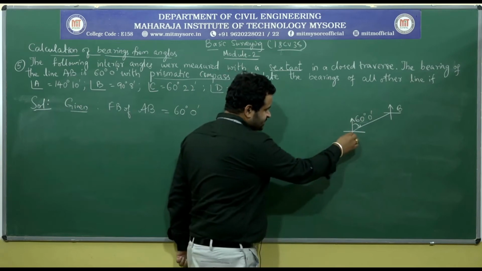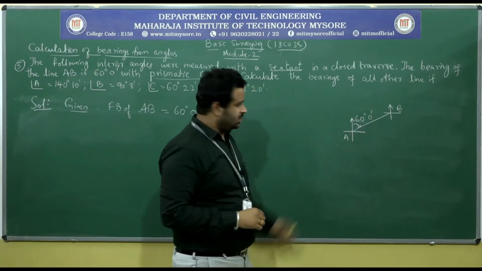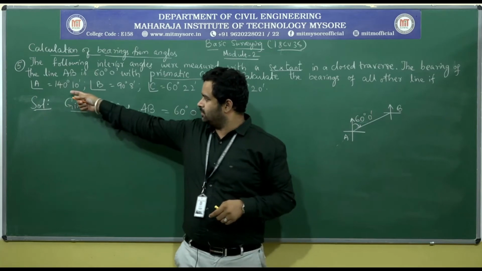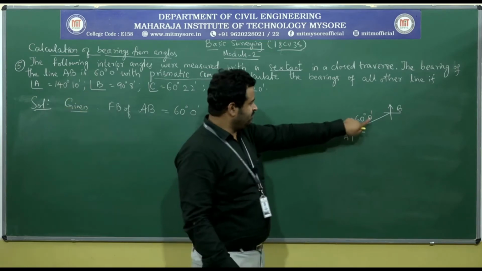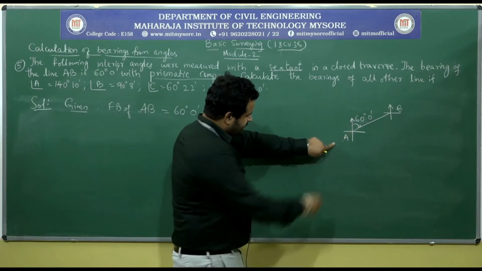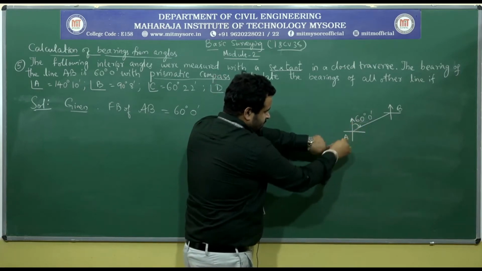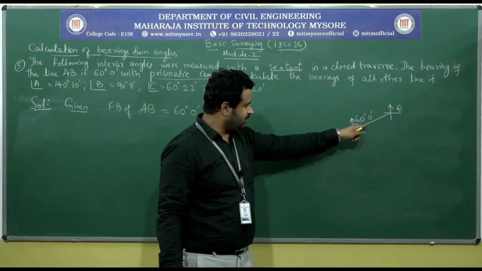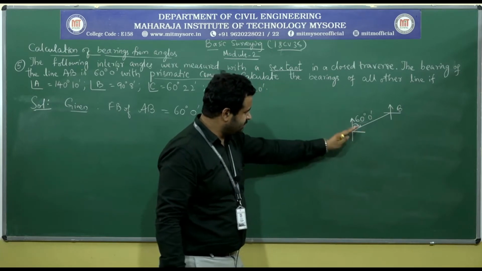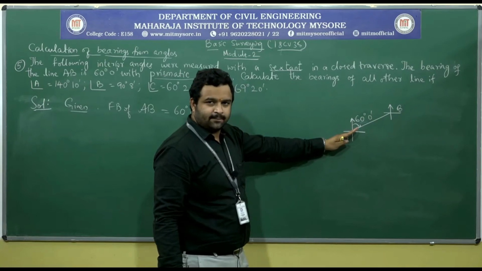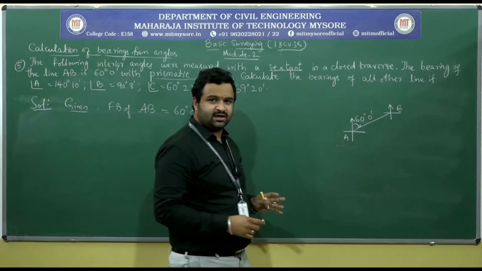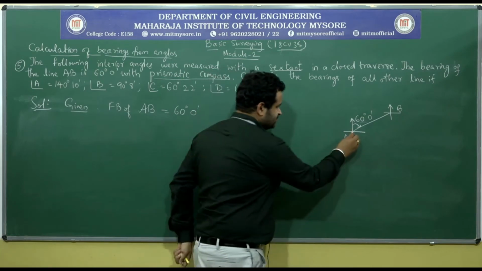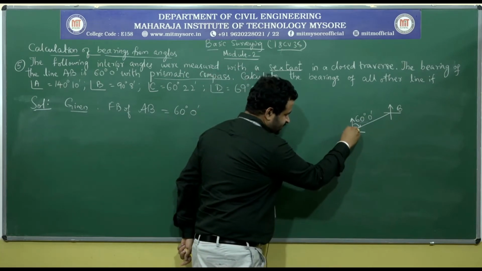If we extend this line as a straight line, we can make out that this angle will lie in between this, right? So 140 degrees will be within the straight line. This gives us an idea where exactly the next line may lie. So this will be lying somewhere here.